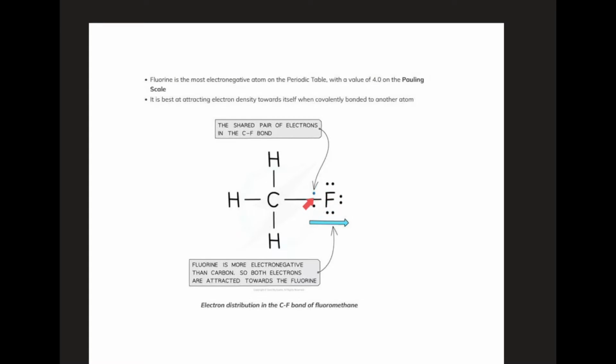This is very electronegative. The bonding electron is not shared in the middle. It is more towards the fluorine. Because fluorine is more electronegative than carbon, both electrons are attracted towards the fluorine. And you can see here the shared pair of electrons in the C-F bond, making fluorine delta negative and carbon delta positive.